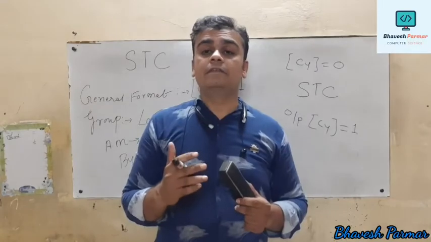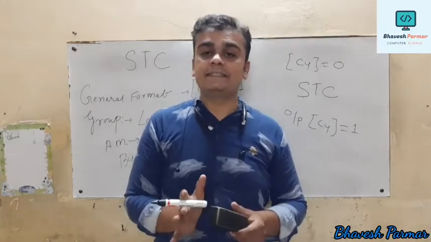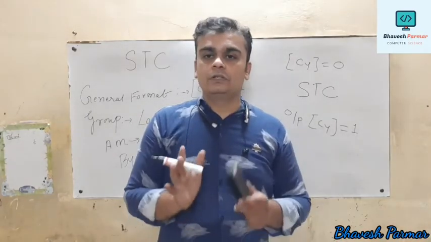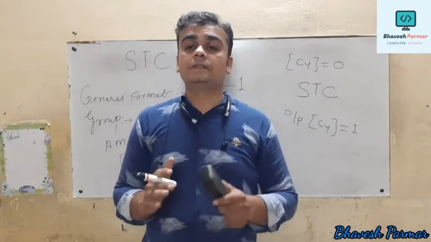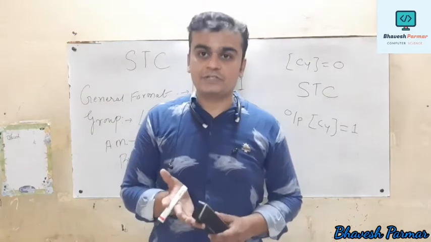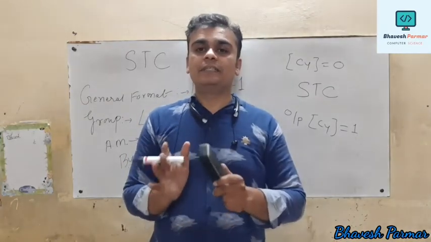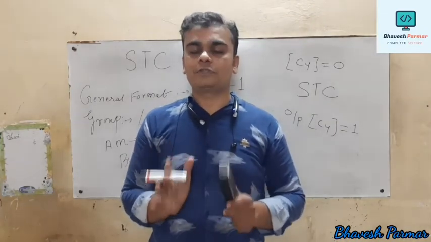Then we studied 2 different instructions, CMC and STC, which are specially related with the carry bit. In the next video we are going to focus on some more instructions, that we call rotate instructions and compare instructions. By using these 2 videos we are going to cover our logical group instructions.